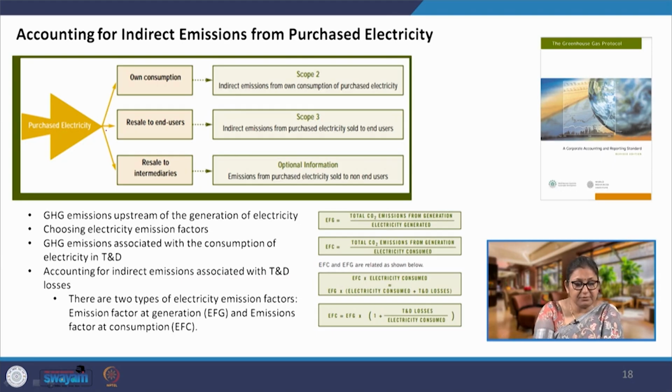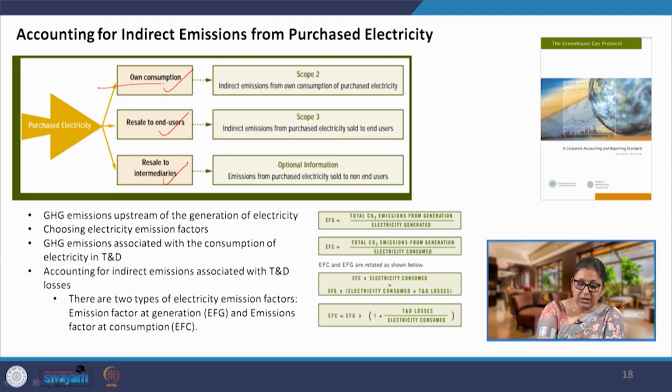So, if we are a utility or service which is purchasing electricity, there could be own consumption, resale to end users, resale to intermediaries. For example, we might be a distribution company, we do not produce electricity, we only purchase electricity and then transmit it and distribute it.